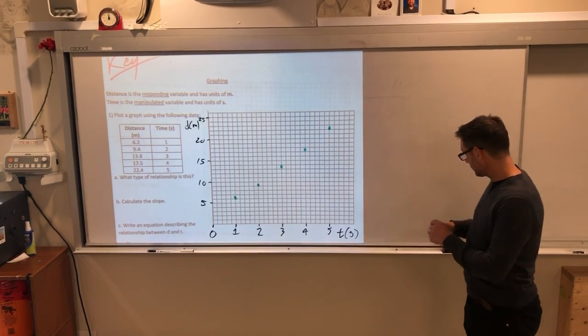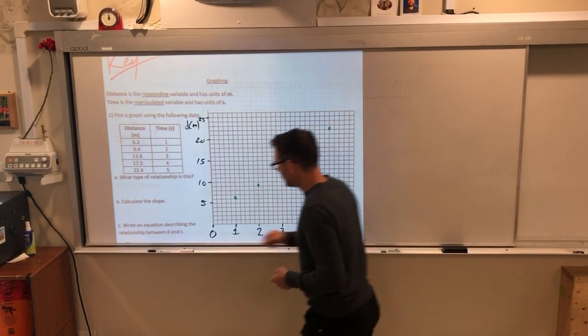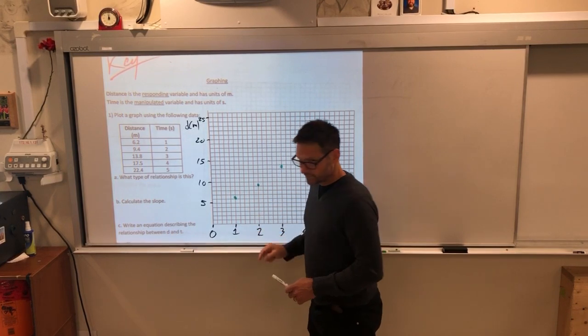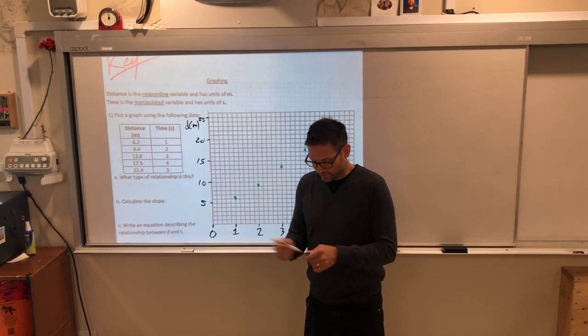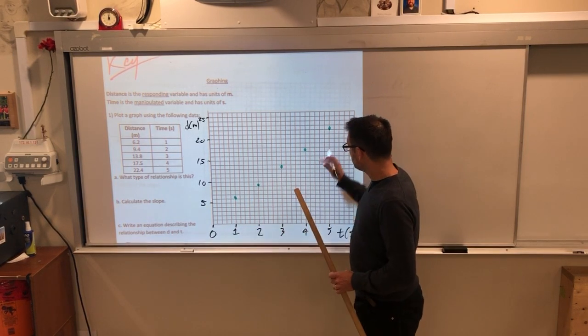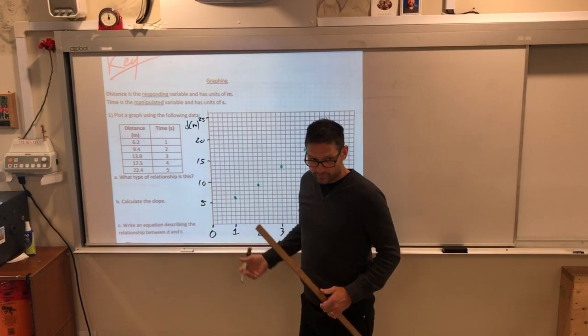Okay, now, a lot of you, what you did is you took your pen and you went link, link, link, link. That's not how we do this. The purpose of drawing this graph is to get a relationship between these two variables.